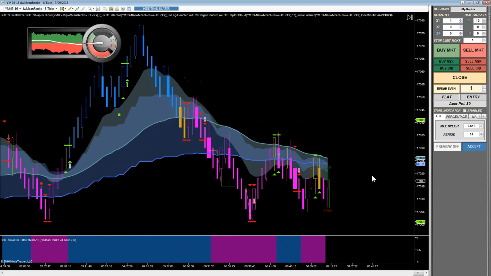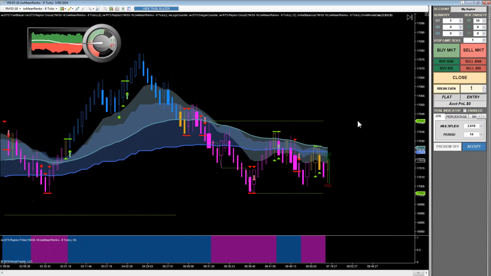And before I show Tony the settings here, one thing to note: when the market is moving sideways like this, the best strategy is to let the market get out of this sideways range, look for it to retest, which it will, and then look for your buy signal. And likewise to the short side. Let it get outside of this range, retest, and look for your sell signal. This is the best way to handle a sideways market.